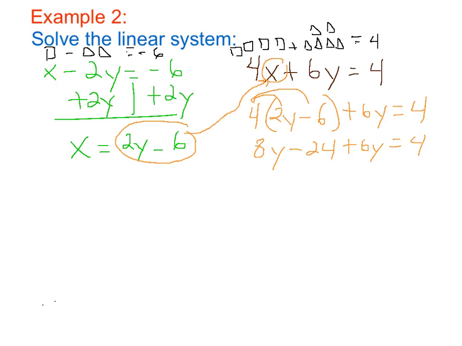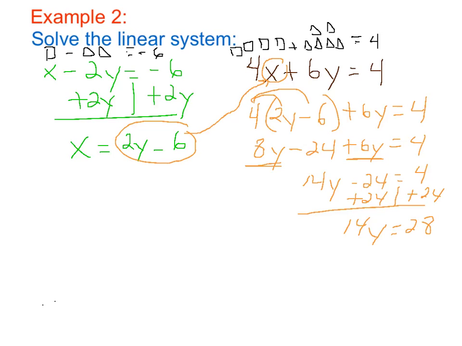Combining like terms, I see there's 8y and 6y, which gives us 14y minus 24 equals 4. Again, we want to get y by itself, so I'm going to start solving this equation by adding 24 on both sides. So 14y equals 28. Divide by 14 on both sides. And 28 divided by 14 is 2.